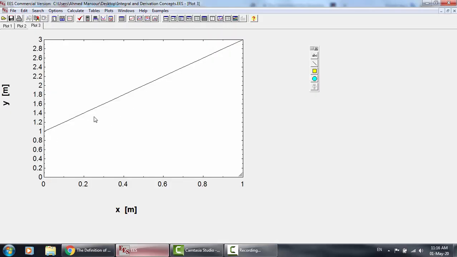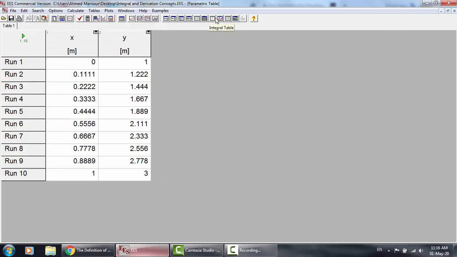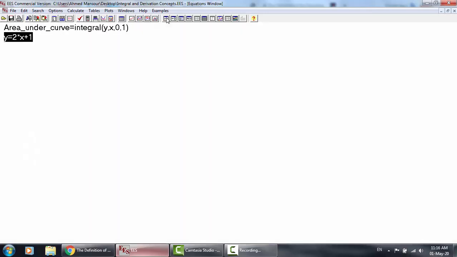Okay, so we have a formula or an equation that calculates the area, but if you wanna exactly draw the line or the shape of the function, just get the derivative of x squared plus x, and it will be 2x plus 1, and then you make the plot of the table, and then you will find this amazing result. So this is what we're talking about in this video.